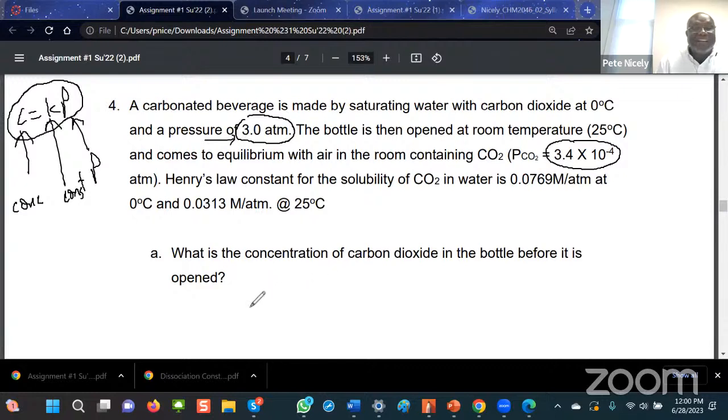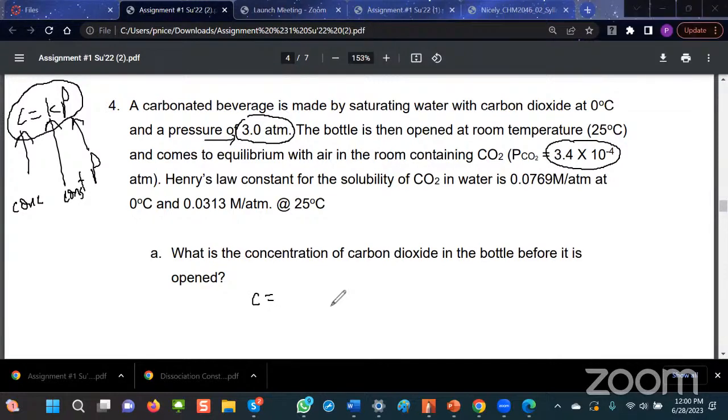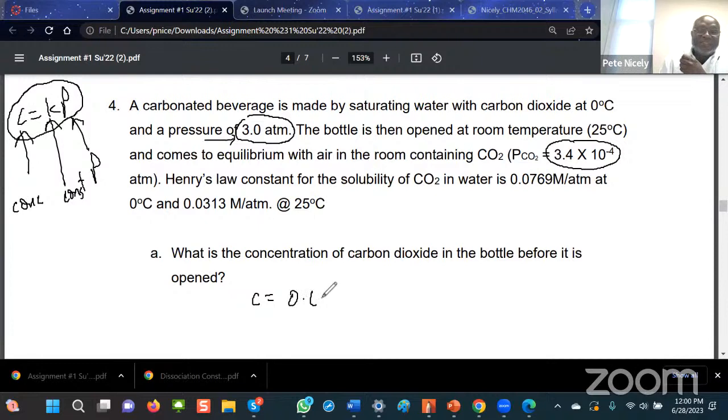So the concentration in this case would be equal to K. So what is the K value? 0.0769. Exactly, 0.0769 M over ATM multiplied by, as you said before, 3.0 ATM. Very good.